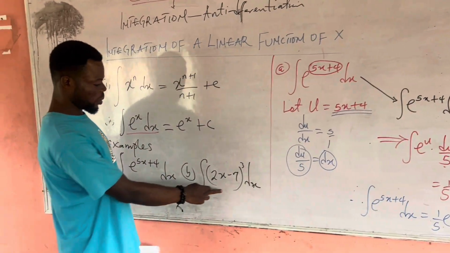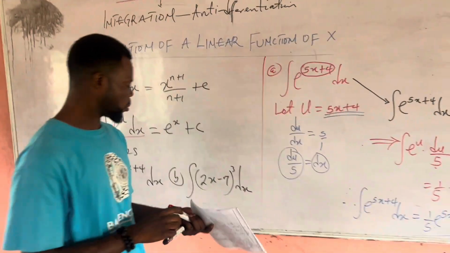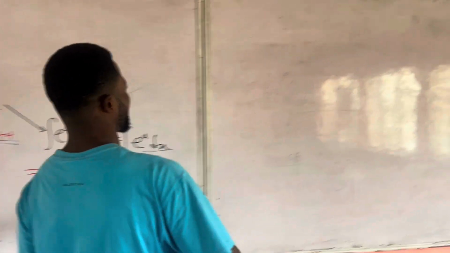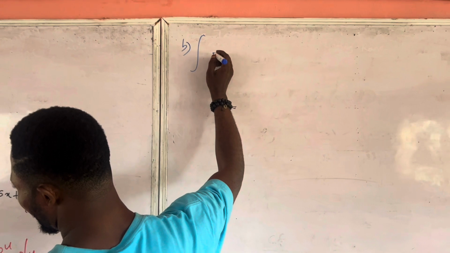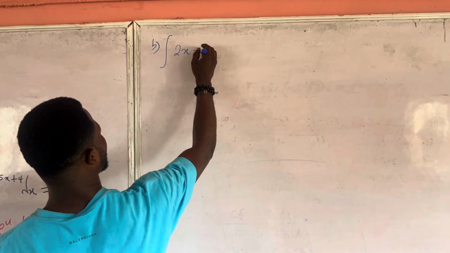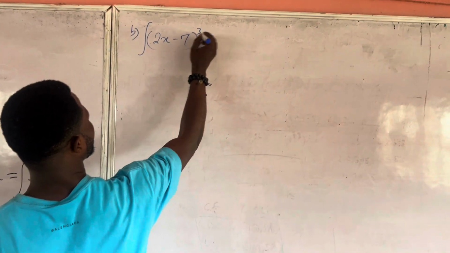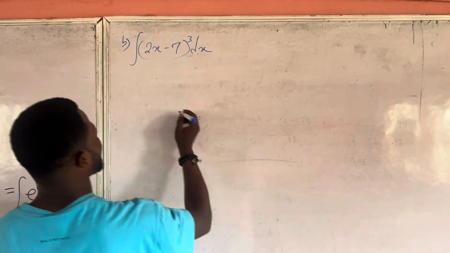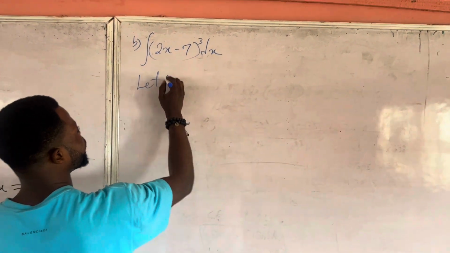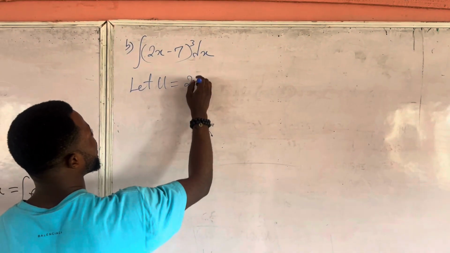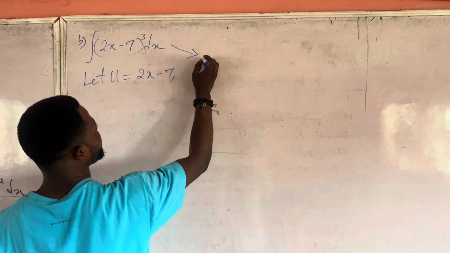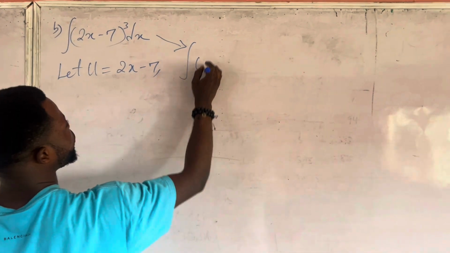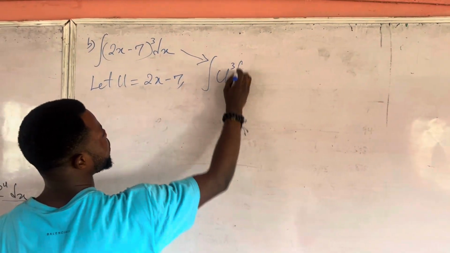And to solve this, we are going to apply the same method. We have the integral of 2x minus 7 all raised to the power of 3 dx. So we say let u be equal to 2x minus 7, so that this will now be the integral of u raised to the power of 3 dx.